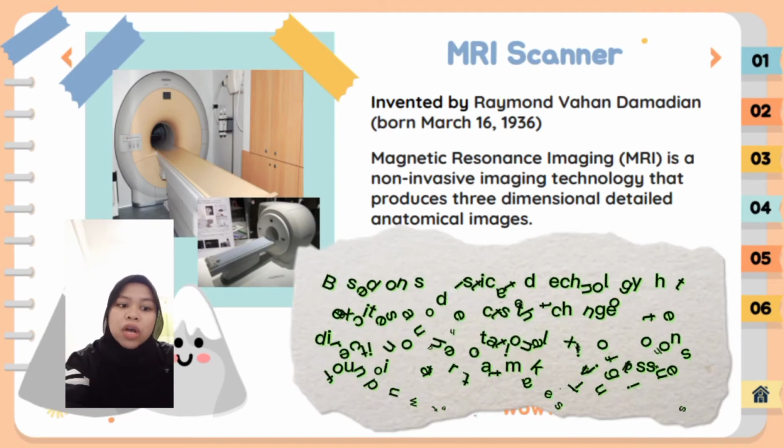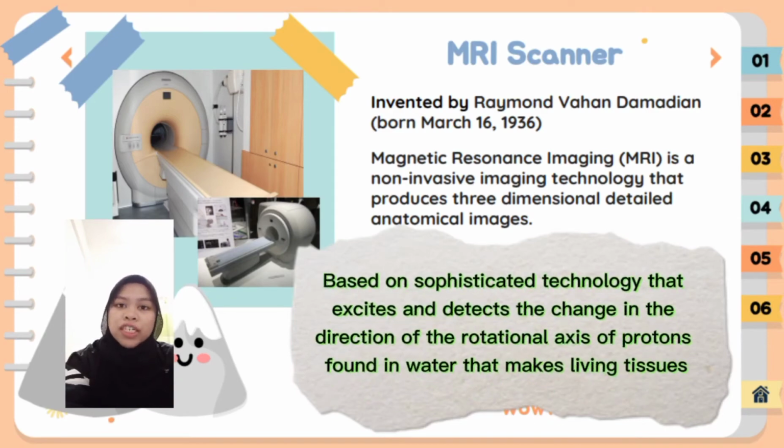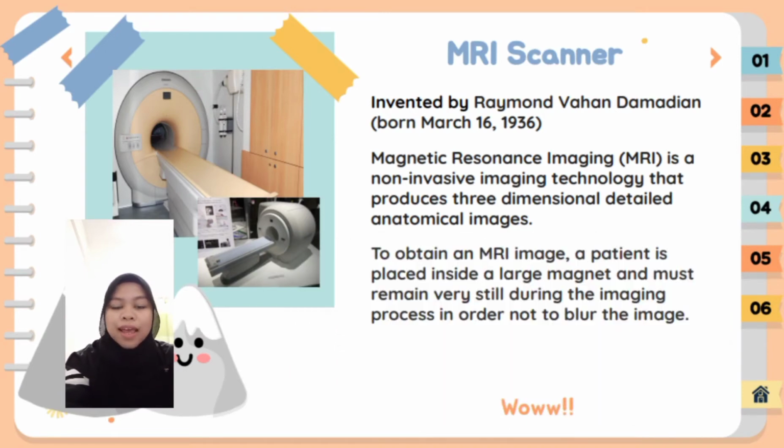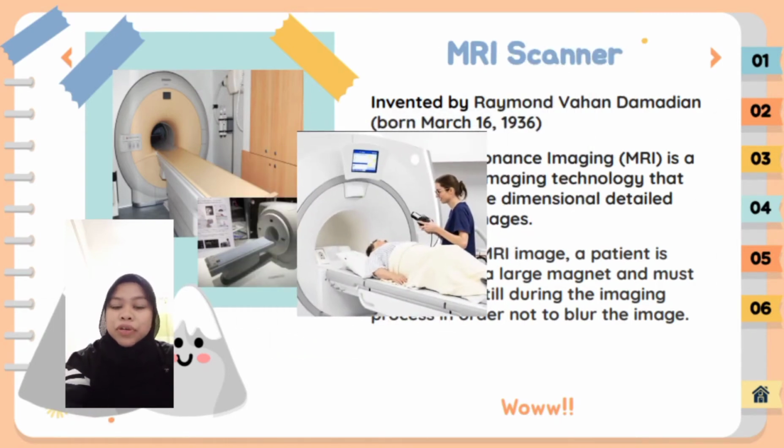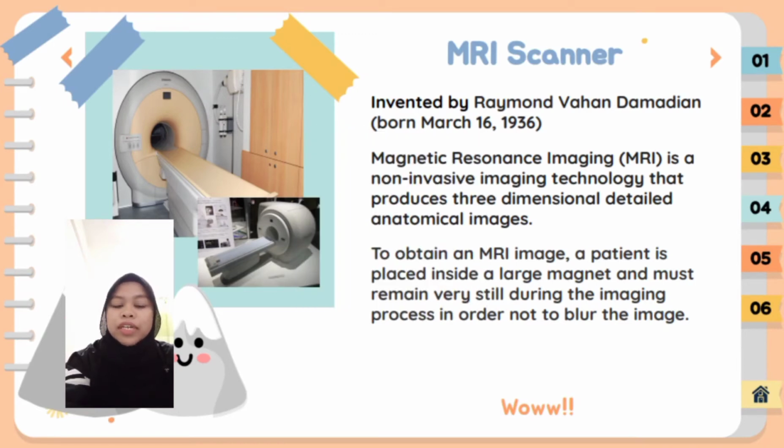It is based on sophisticated technology that excites and detects the change in the direction of the rotational axis of protons found in water that makes up living tissue. To obtain an MRI image, a patient is placed inside a large magnet and must remain very still during the imaging process in order not to blur the image.